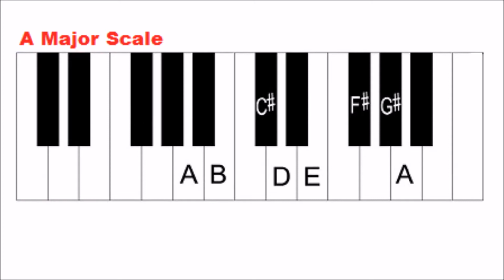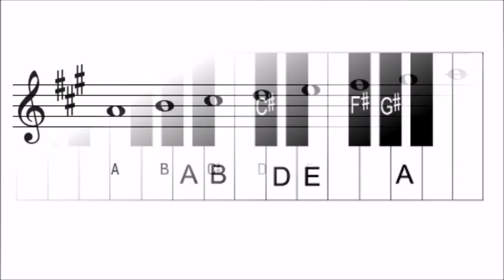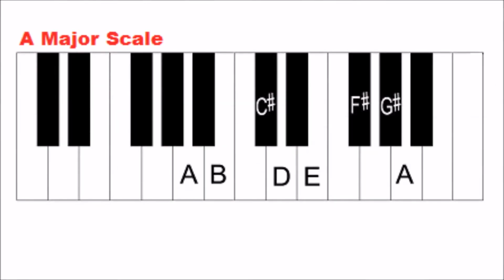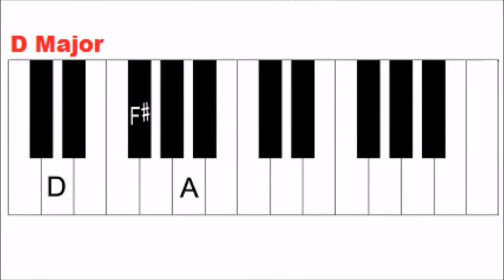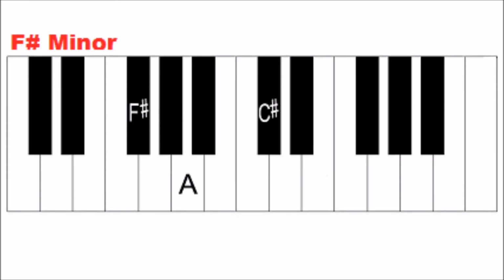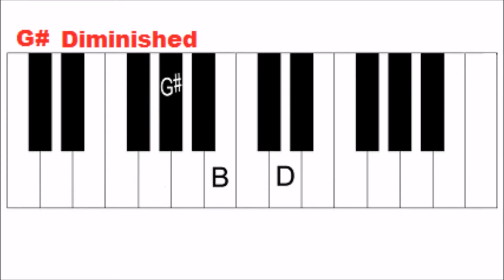You can do this with any note in the scale to come up with chords in the key of A major. You can do this for the notes D, E, F sharp, and G sharp, and you will clearly see that the chords have to be none other than D major, E major, F sharp minor, and G sharp diminished, respectively.